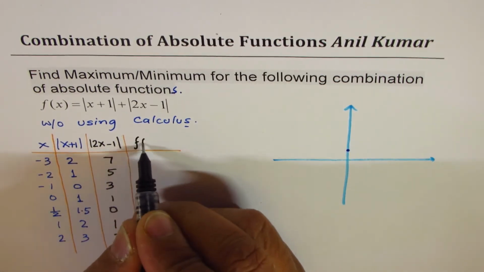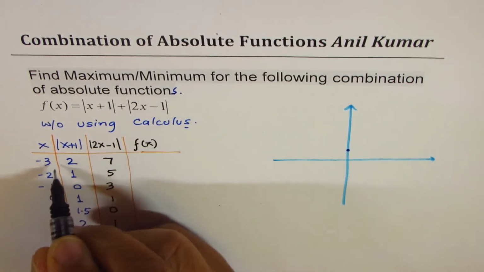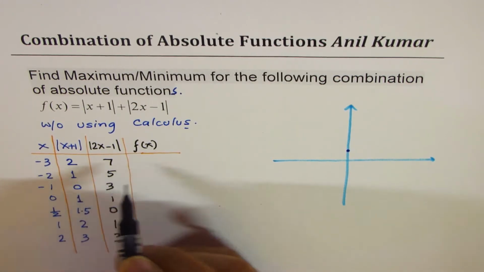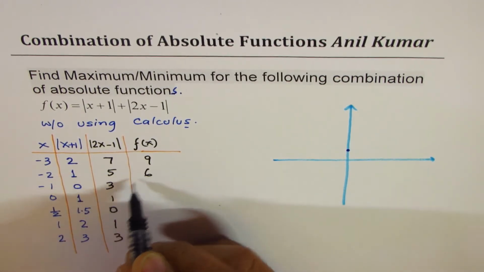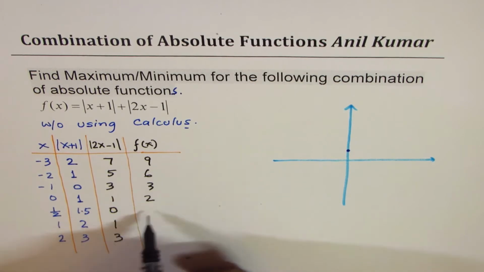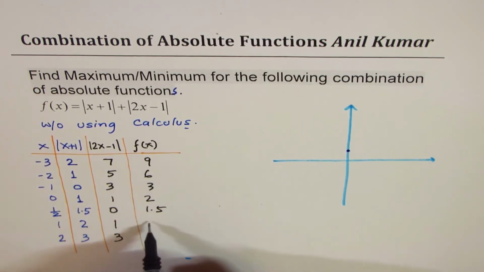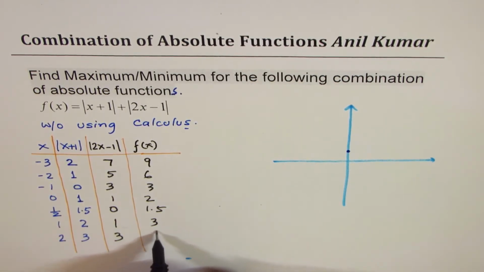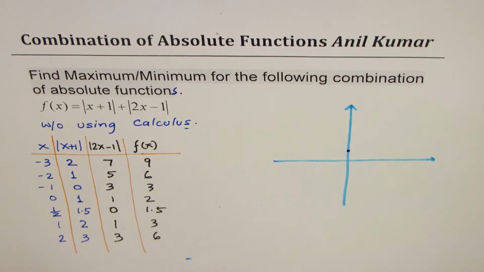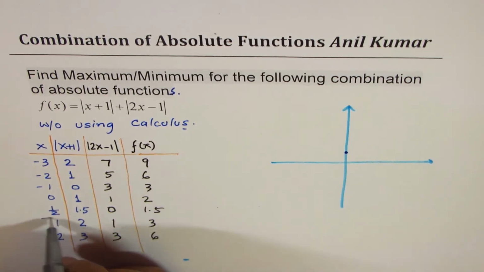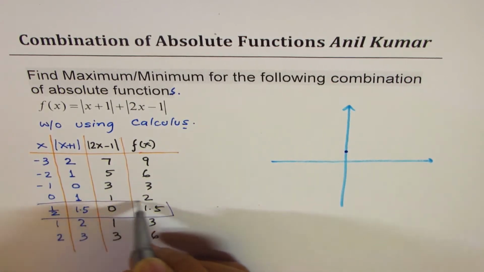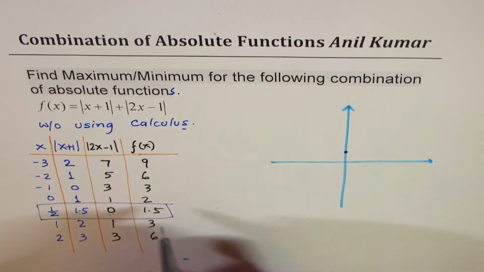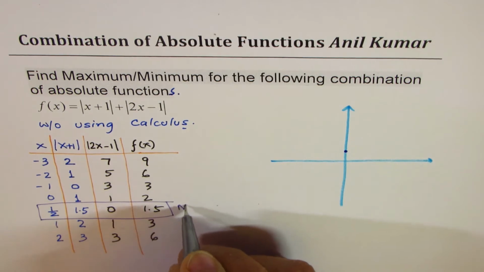Now what will be the function f(x)? When you add them up, you get 2 plus 7 is 9, 1 plus 5 is 6, then we get 3, 2, 1.5, 2 plus 1 is 3, and 3 plus 3 is 6. Now clearly from these values, we do get a minimum value of 1.5, and it occurs at half.